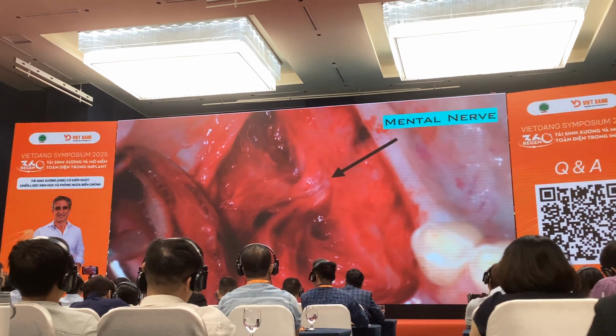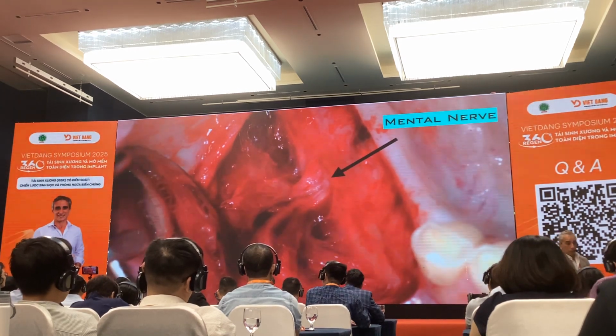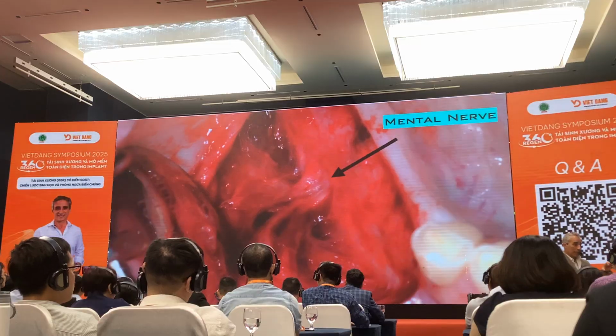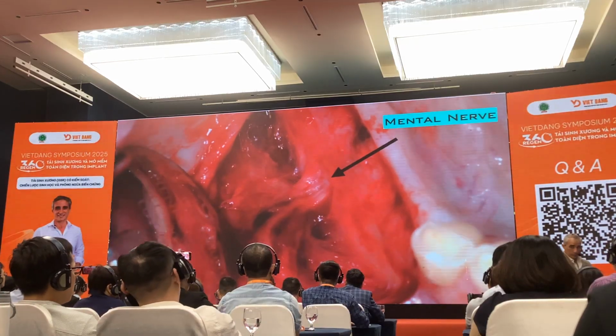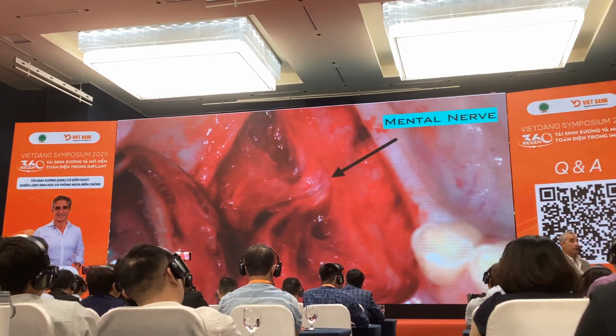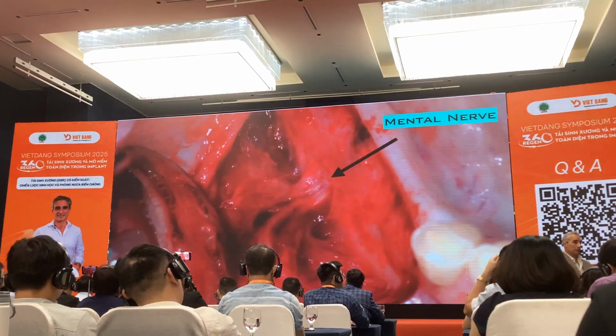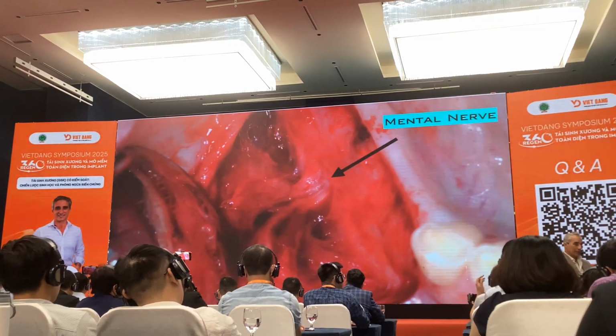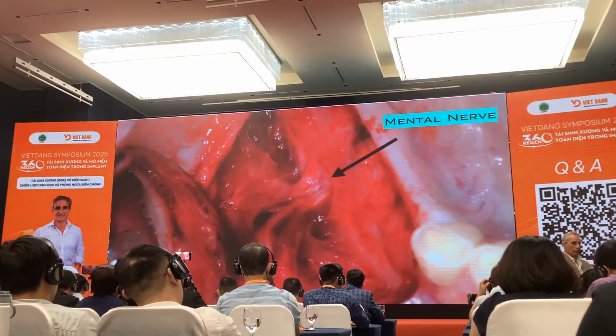Why? Because the alveolar mucosa has to be anchored to the periosteum. But if I manage to see the mental nerve, I can avoid engaging the nerve with my suturing.